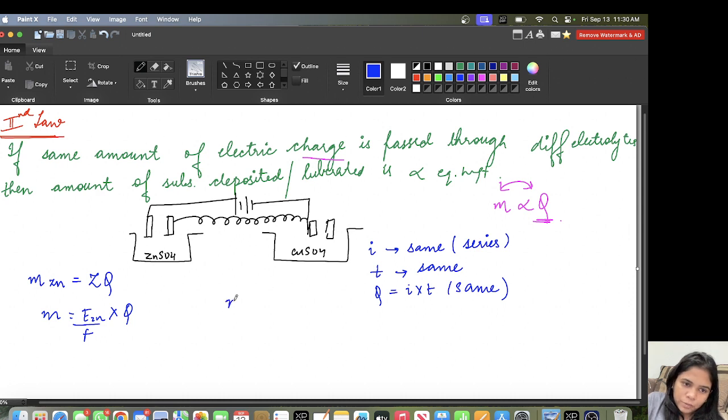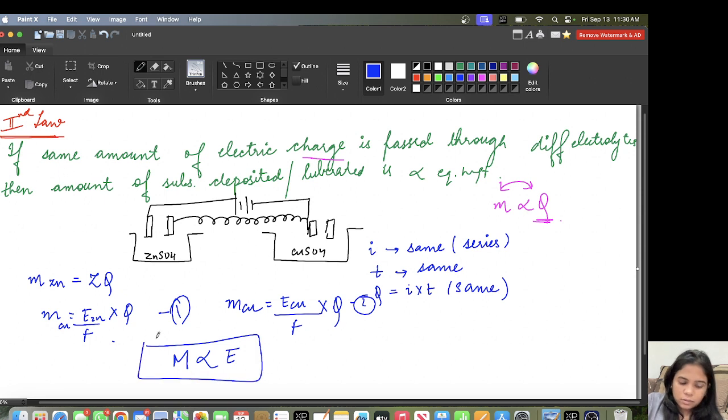Similarly, M of copper will be equal to E of copper upon F into Q. So compare these both. What will you get? Your mass is directly proportional to your equivalent weight. That's what your second law tells you. With the same amount of electricity passed, the amount of substance deposited, m, is directly proportional to your equivalent weight.